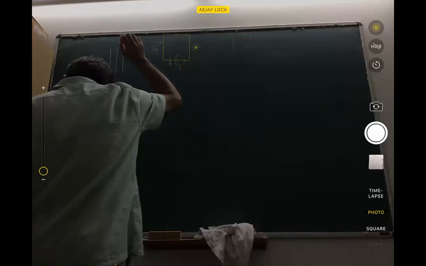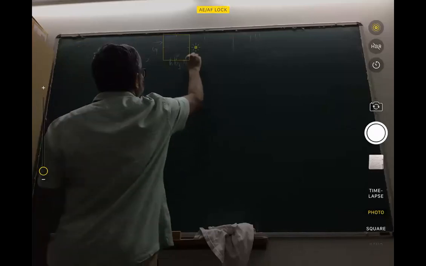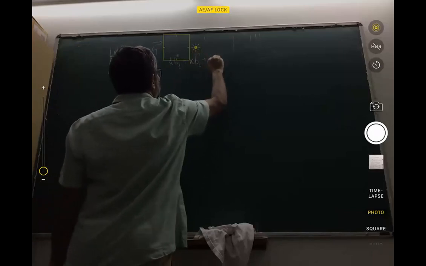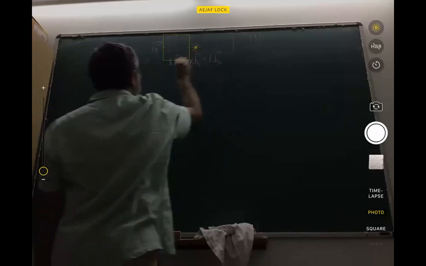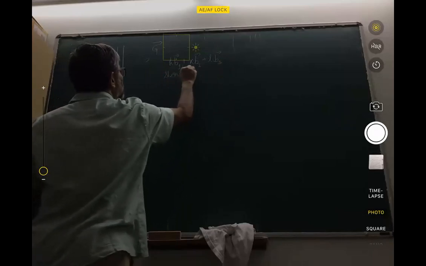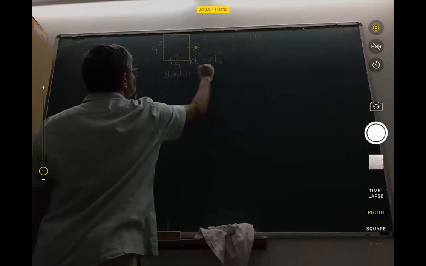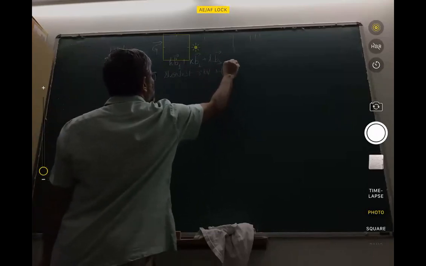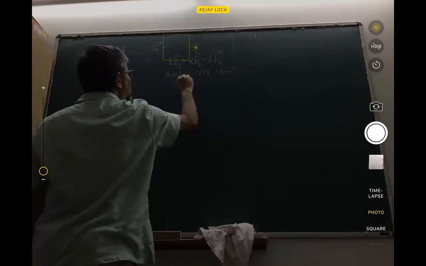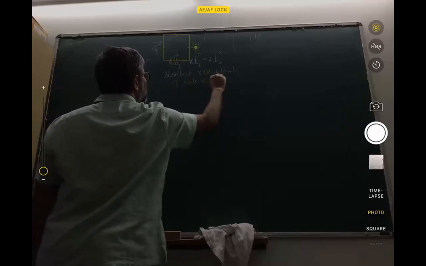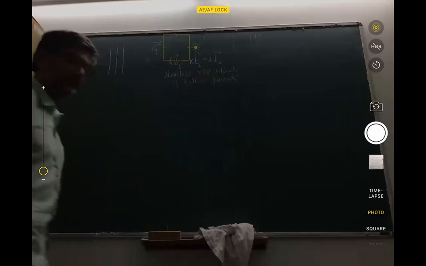How do you write hkl? This is the family of lattice planes.